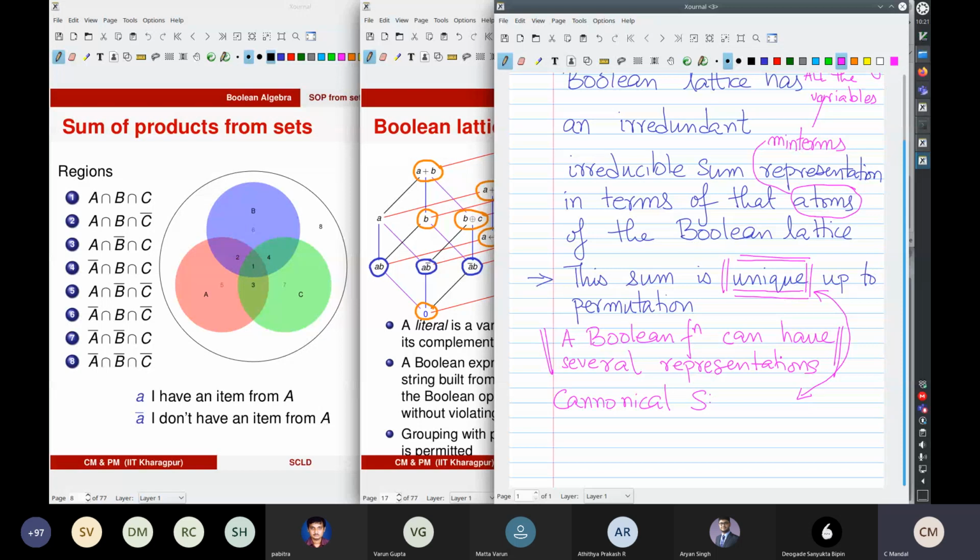It is called SOP, maybe I can just write canonical sum.